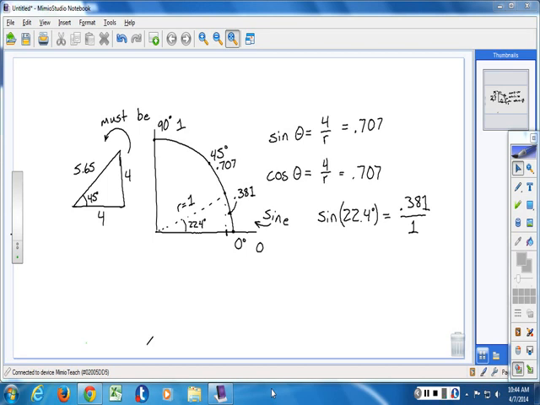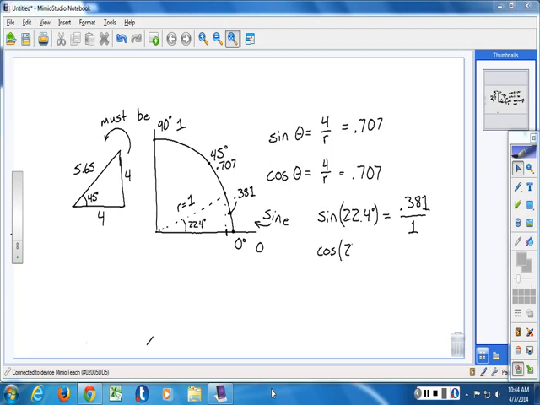Do we have a ratio of this side to this side? SOHCAHTOA. Which one is the adjacent? X is the adjacent. Sine was opposite over hypotenuse, so cosine is adjacent over hypotenuse.